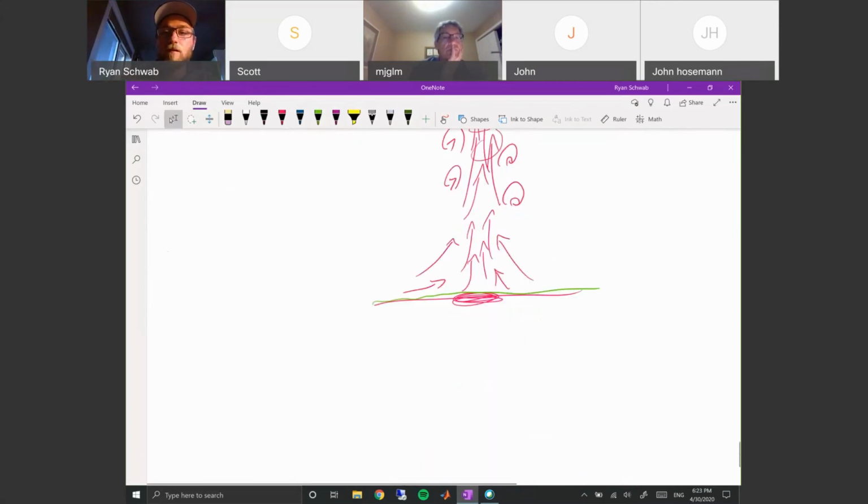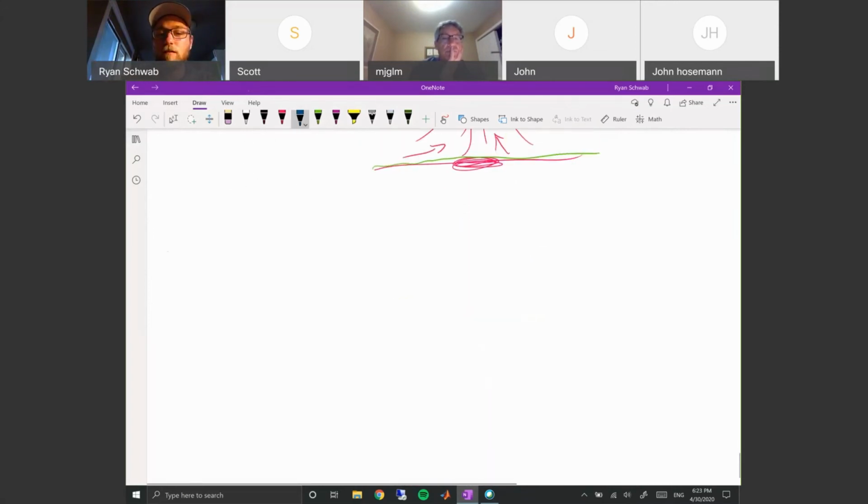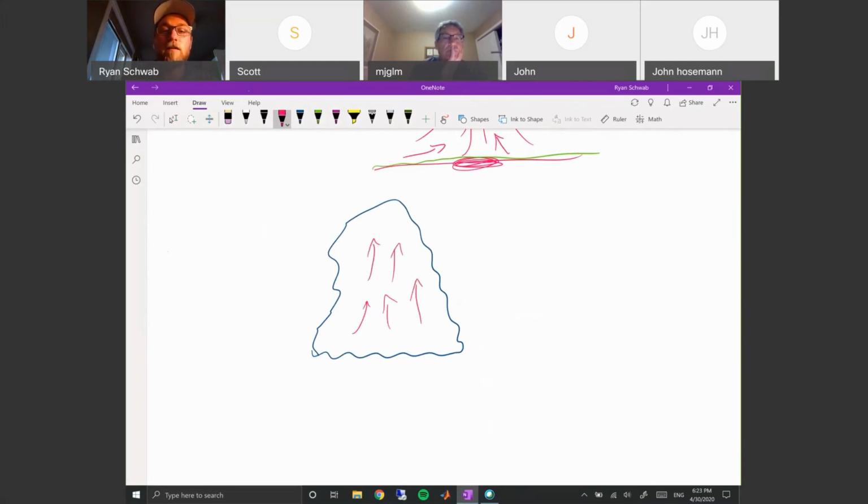But let's take a closer look at that cloud itself and talk a little bit about how it's behaving. If we have all this condensation and rising air, just like in these thermals, that means around the outside we have some amount of rotation. It means we have mechanical turbulence.